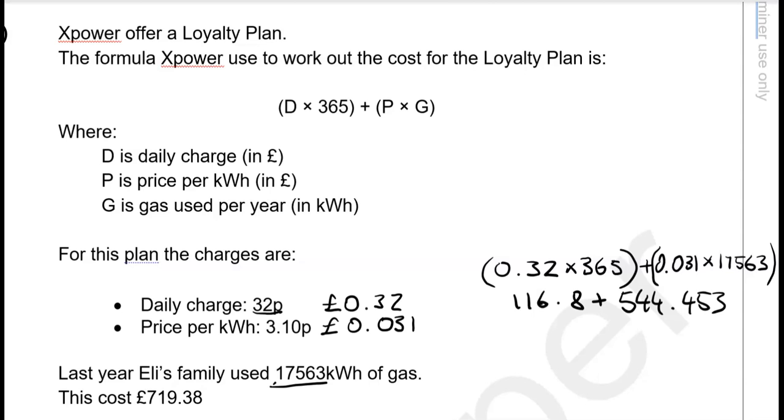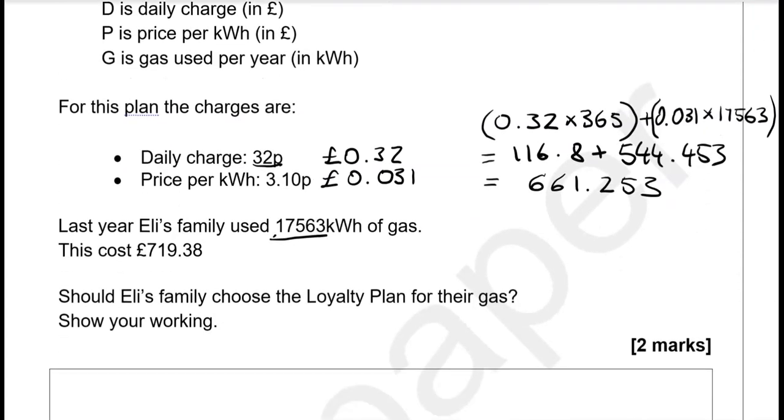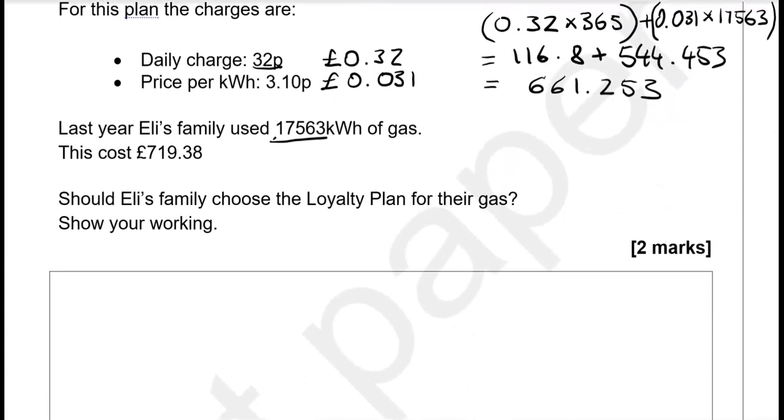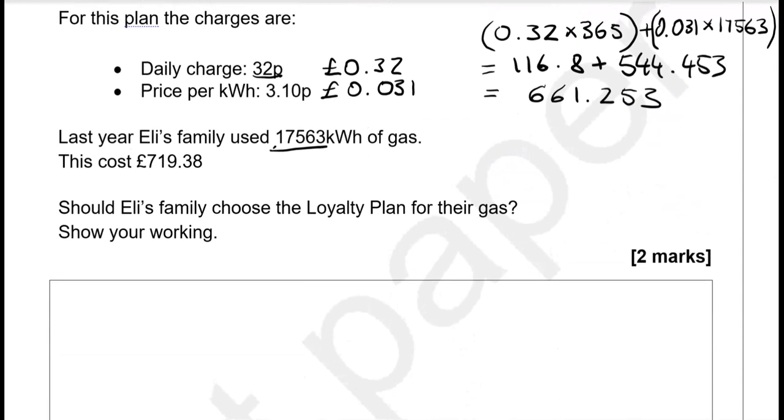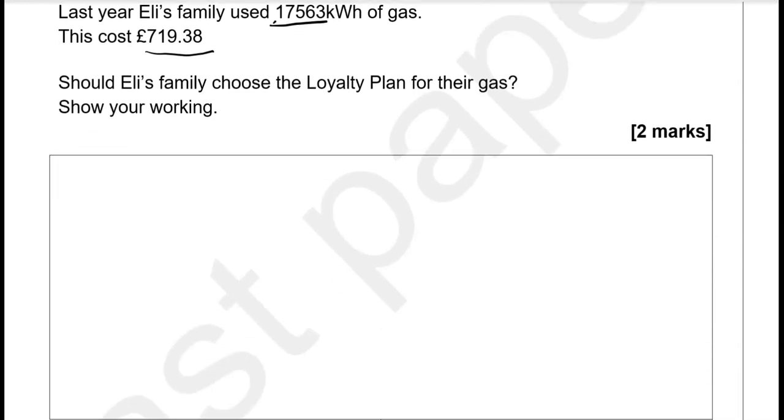Adding them together gives us 661.253. Let's compare it to the amount that they pay, which is £719.38, so it works out cheaper. So should Ellie's family choose the loyalty plan for their gas? Yes.